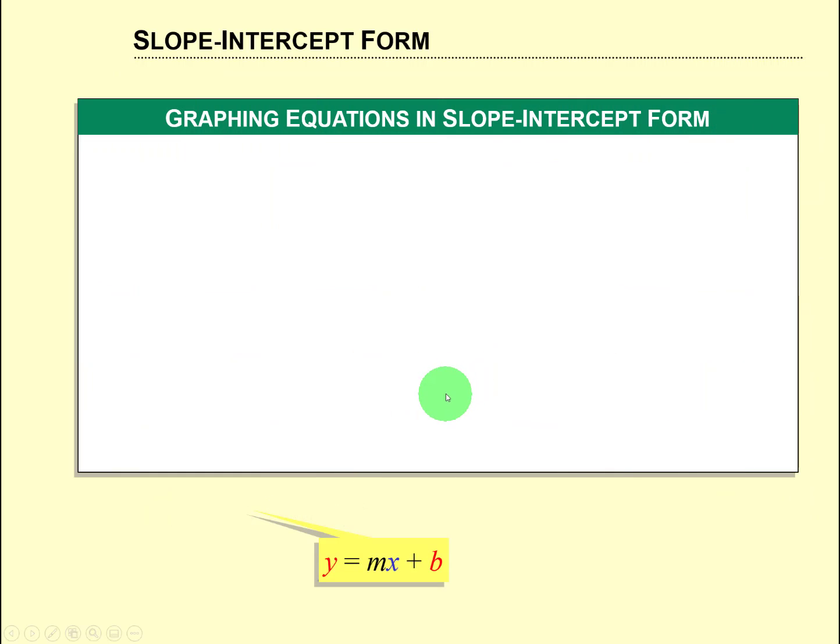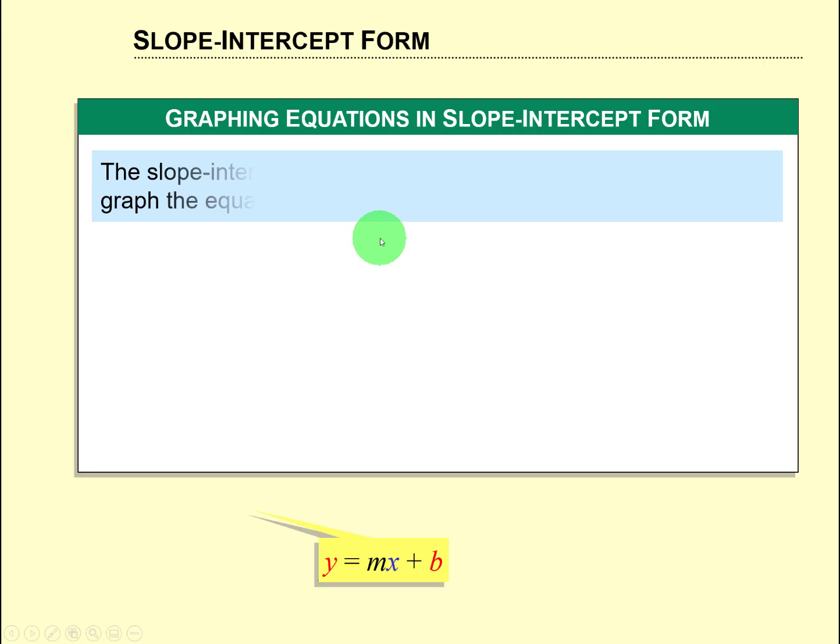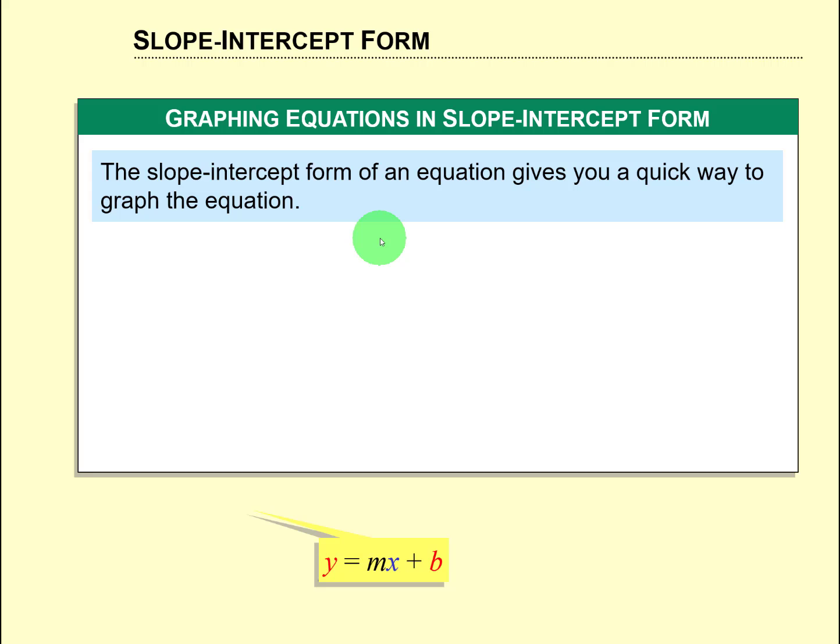Now when it comes to graphing, we have a 4-step method. We want to end up with y equals mx plus b, but we don't always start out with y equals mx plus b unless they want you to graph, and very seldom do they ask you to just graph. So we're going to look at why we want y equals mx plus b, because it gives you a quick way to graph the equation.